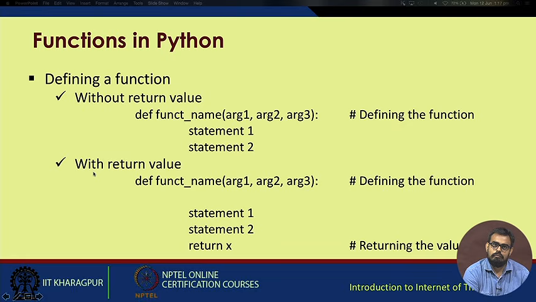Another type is with a return value. As you can see, these things are the same. In the end, there is a return statement. So maybe statement 2 is x equal to some operation, and eventually it returns the value of x. So the point where this function has been called in the main code will have x returned to it, right?